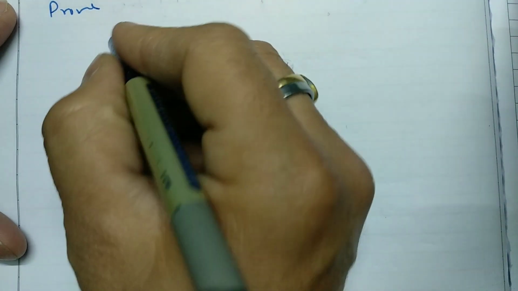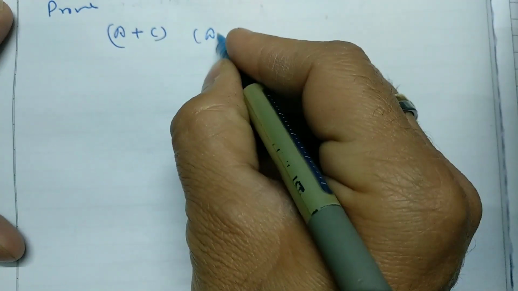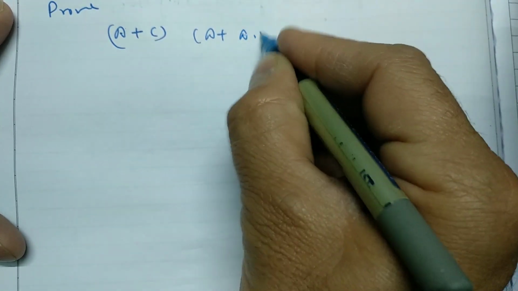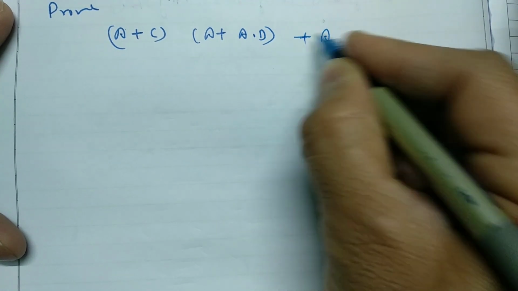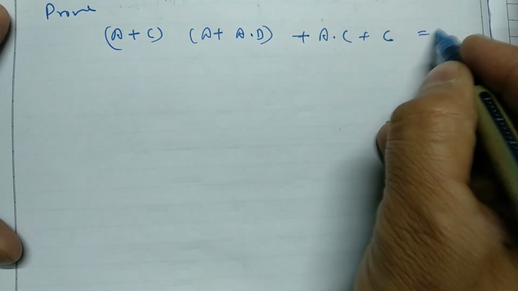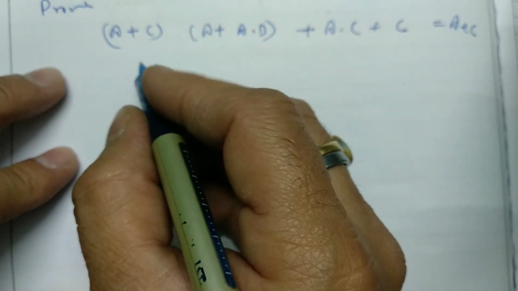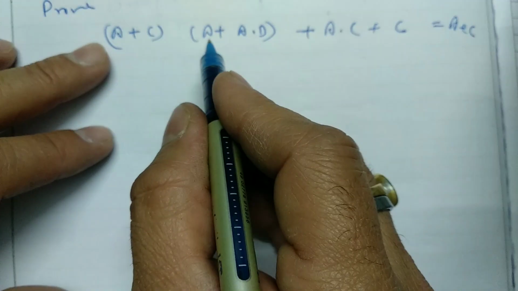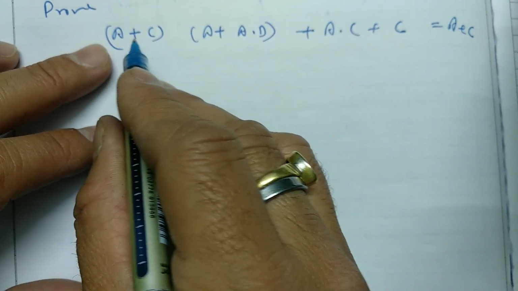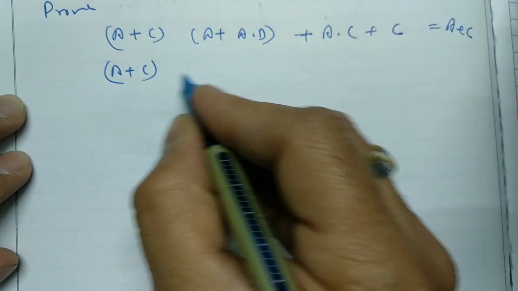See this next question where you have to prove A or C, A or A and D, or A C or C, that is equal to A or C. If you prove this, you will find it's A or A and D. Now you have to remember all the rules.